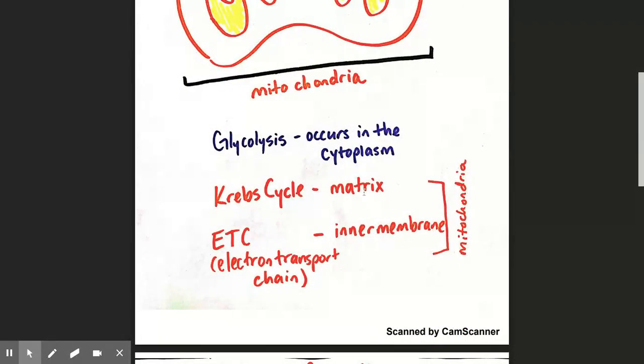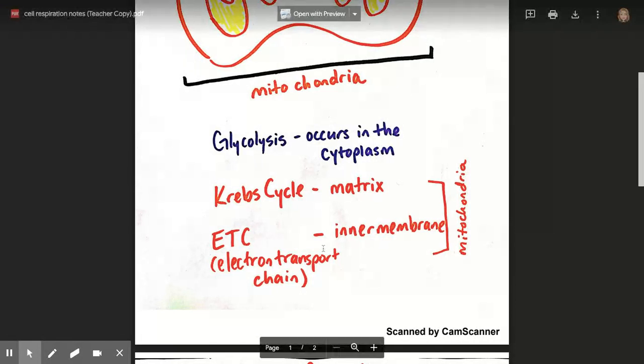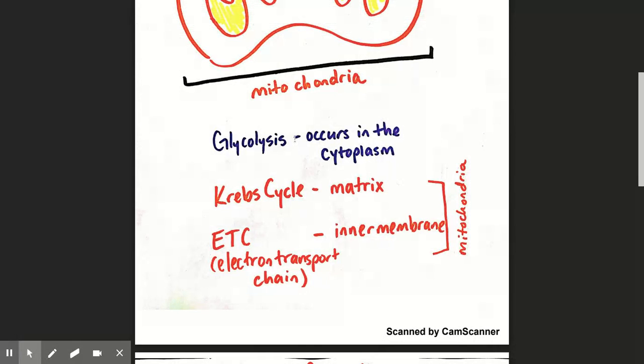And then moving forward, there are 3 steps in the process of aerobic cellular respiration. We have glycolysis, the Krebs cycle, and the ETC, also known as the electron transport chain. It's important to note that glycolysis, the first step, occurs in the cytoplasm.